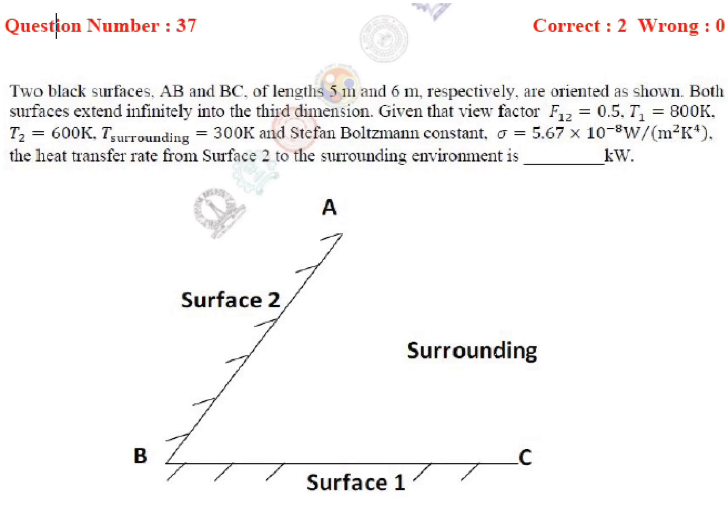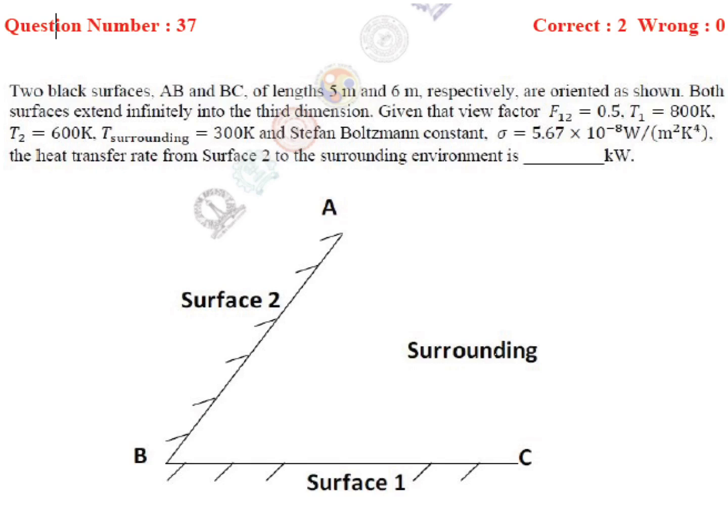Given that view factor F12 is 0.5, T1 equal to 800 Kelvin, T2 equal to 600 Kelvin, T surrounding is 300 Kelvin, and Stefan Boltzmann constant sigma is 5.67 into 10 to the power minus 8 watt per meter square Kelvin to the fourth. This unit is also important, as it is asked many times in other examinations. The heat transfer rate from surface 2 to the surrounding environment is how much, in kilowatt?